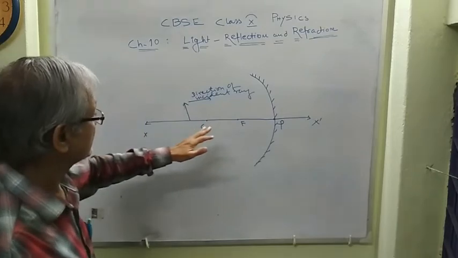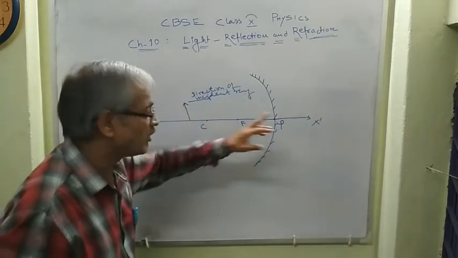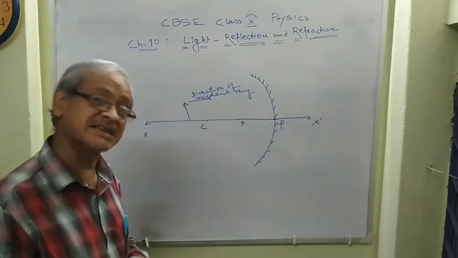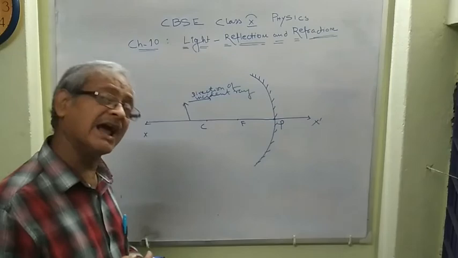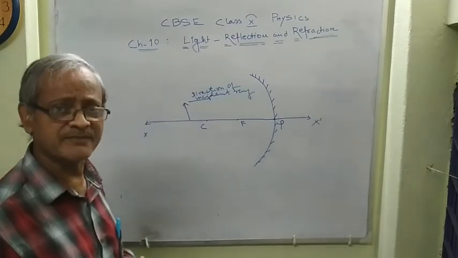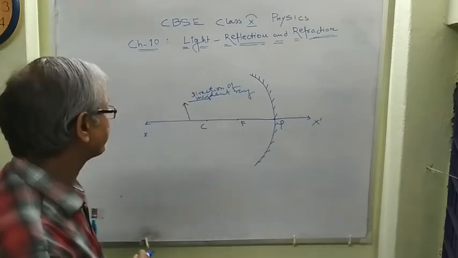At first, we use the pole as the origin, that is, distance is measured from the pole for a spherical mirror, and from the optical center for a spherical lens.